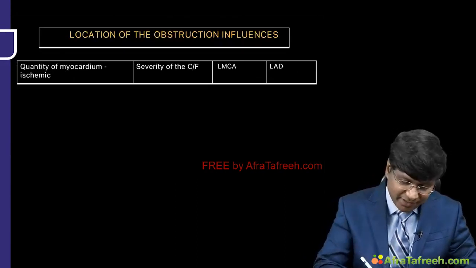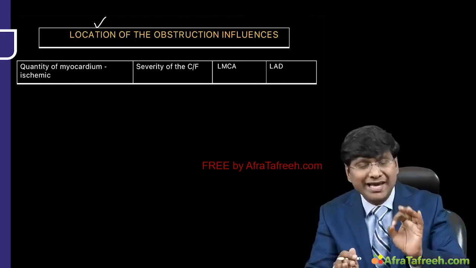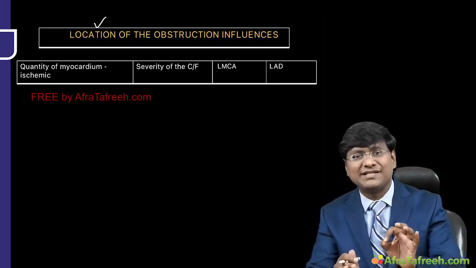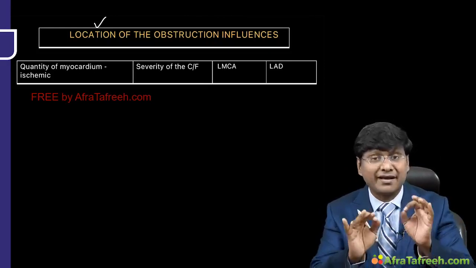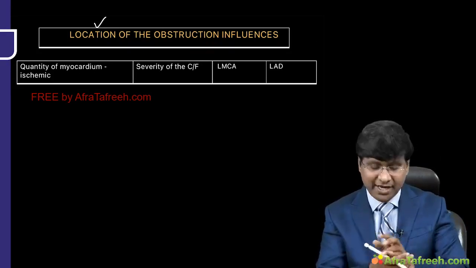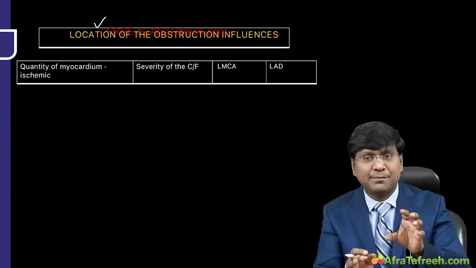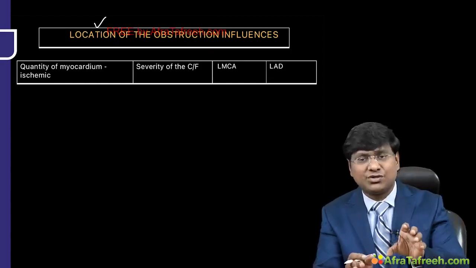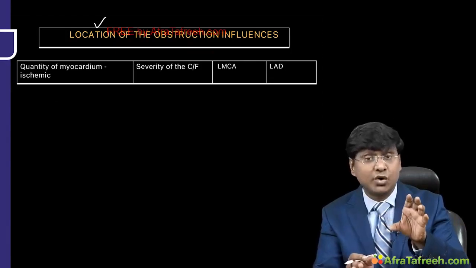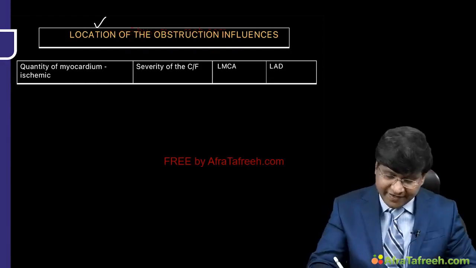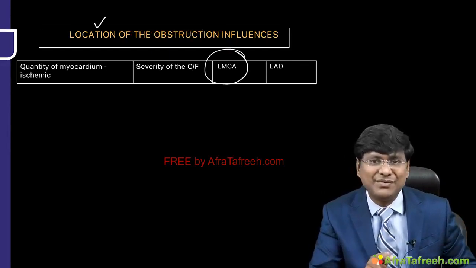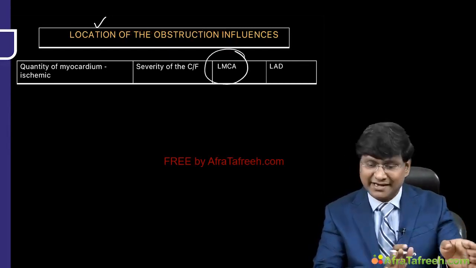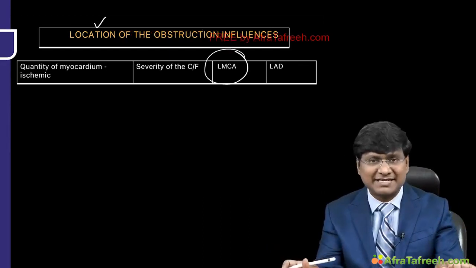Next, another important point is the location of the obstruction influences the quantity of the myocardium which is rendered ischemic. So if the location of the obstruction is at the left main coronary artery, what happens? The entire left anterior descending artery and left circumflex artery is not getting the blood supply.